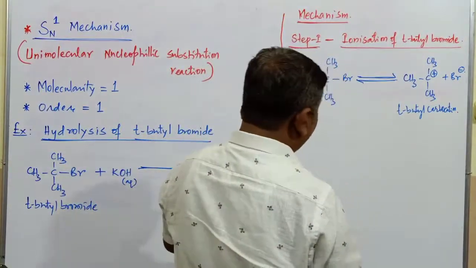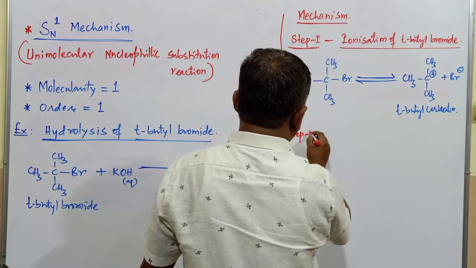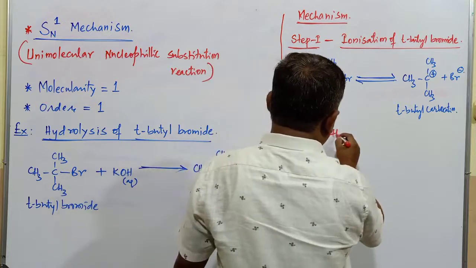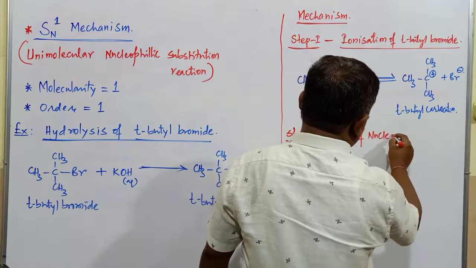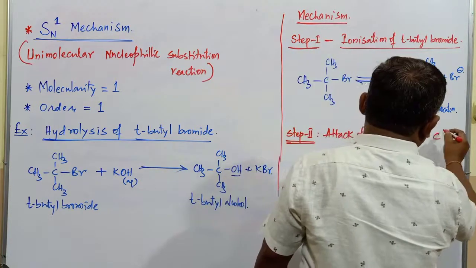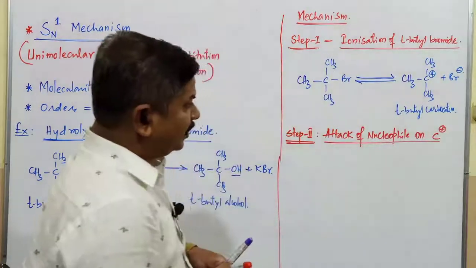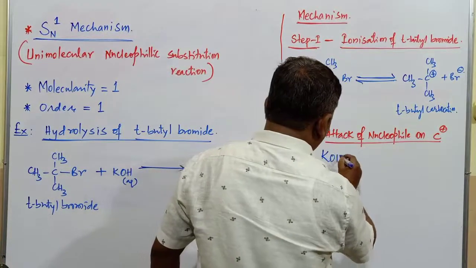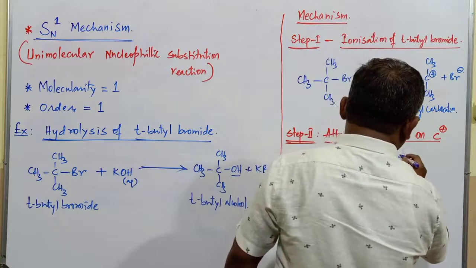After the formation of the tertiary butyl carbocation, the second step occurs. What happens in the second step? Attack of the nucleophile on the carbocation. This carbocation comes across the nucleophile. Which is the nucleophile here? KOH dissociates into K+ and OH-.